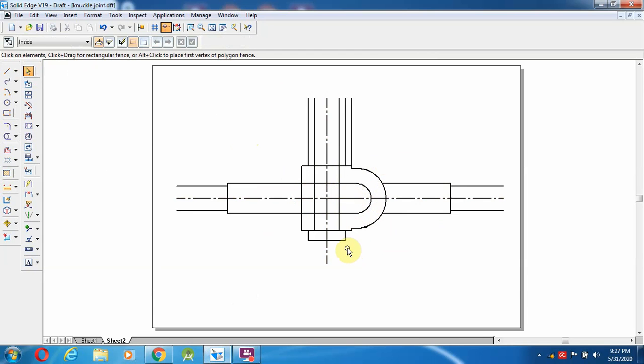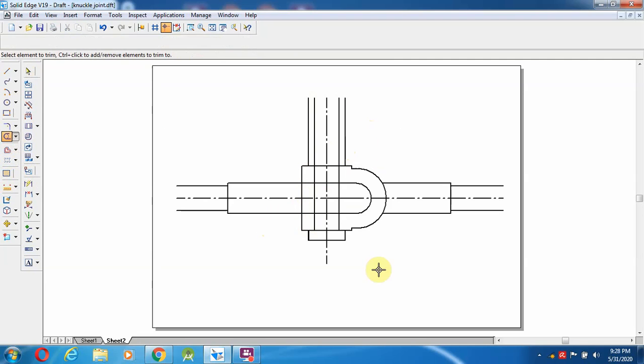After completing this, even this line I am going to trim, up to here.